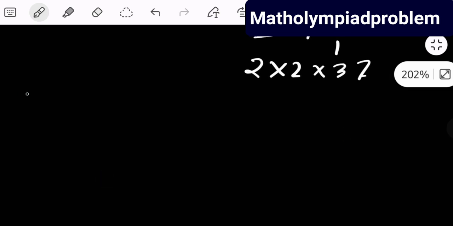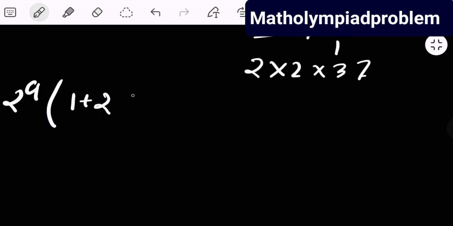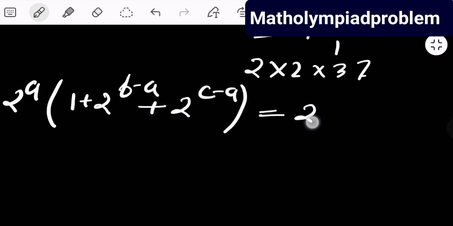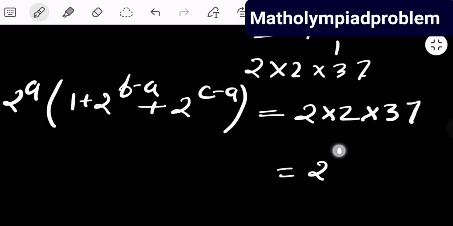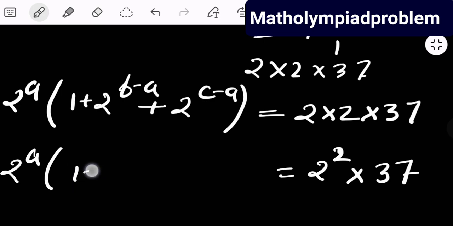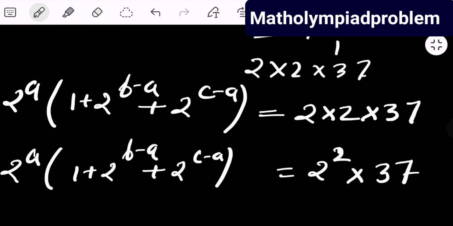2 raised to a, times 1 plus 2 raised to b minus a plus 2 raised to c minus a, is what? 2 multiply 2 multiply 37. Okay, now this will be 2 raised to 2, and this will be 37. This side, 2 raised to a times 1 plus 2 raised to b minus a plus 2 raised to c minus a is equal to this.